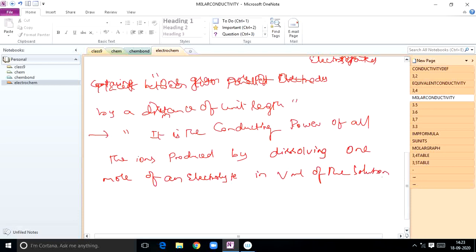Simple definition: by dissolving 1 gram mole of an electrolyte in V ml of the solution.